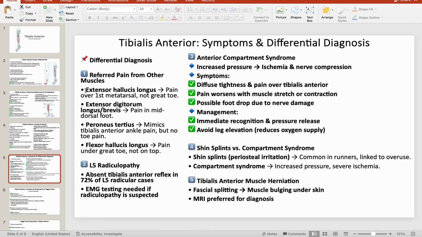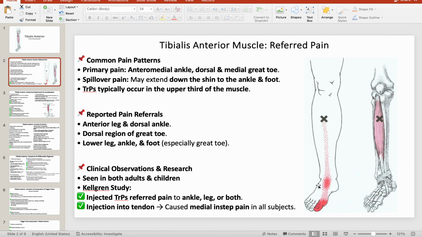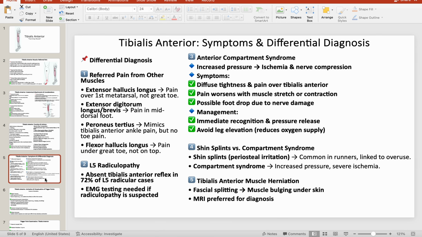And it's nice to explain this to patients as well. Extensor digitorum longus, pain along the mid dorsal foot. Peroneus tertius mimics tibialis anterior, but there's no toe pain. The pain is still along here, but it's not in the great toe. Flexor hallucis longus, pain is under the great toe, so not on top of the toe.